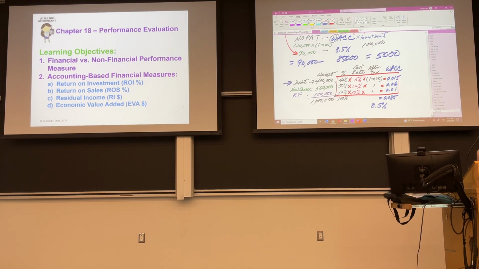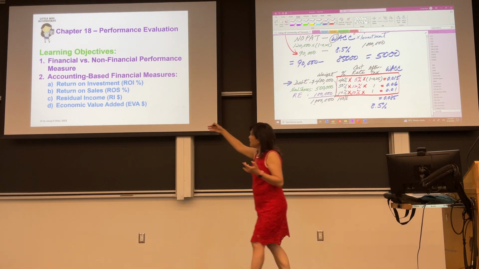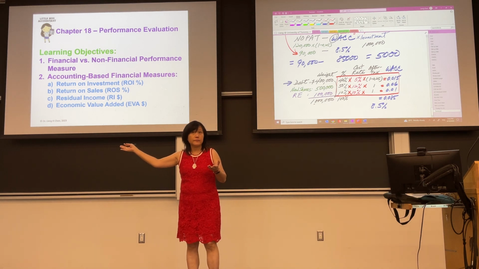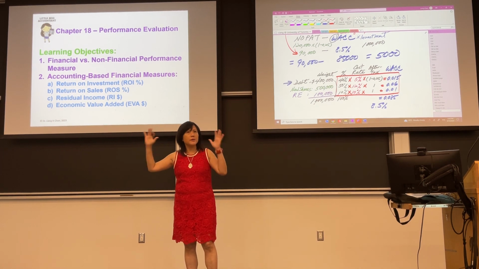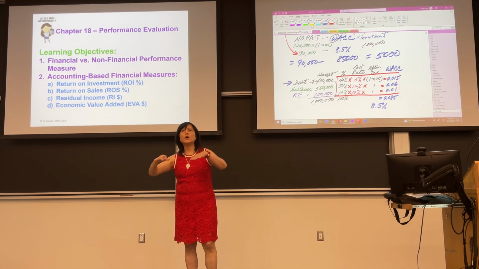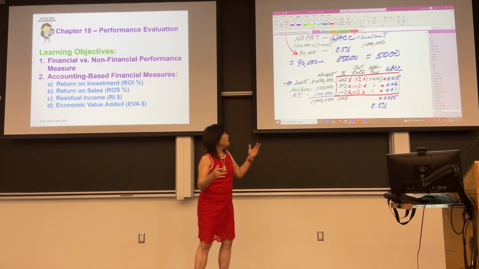Still positive. As long as it's positive, the manager should get rewarded. This is what we call residual income, economic value added. These two methods are always in favor of the bigger division, because with a bigger division you have a bigger profit.